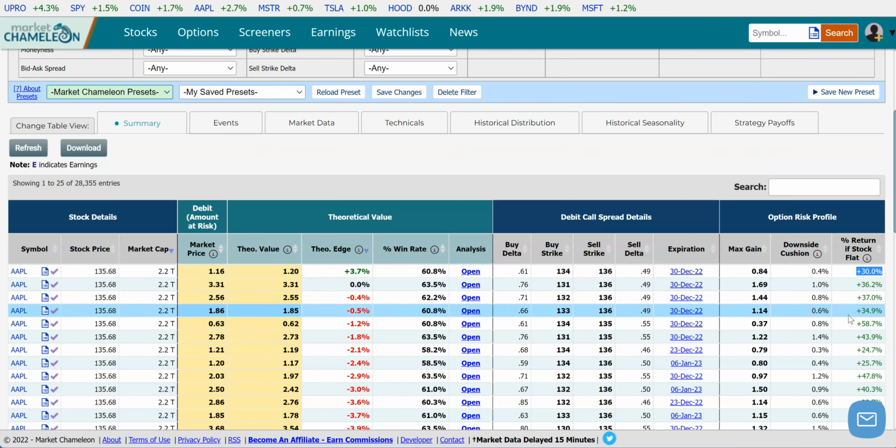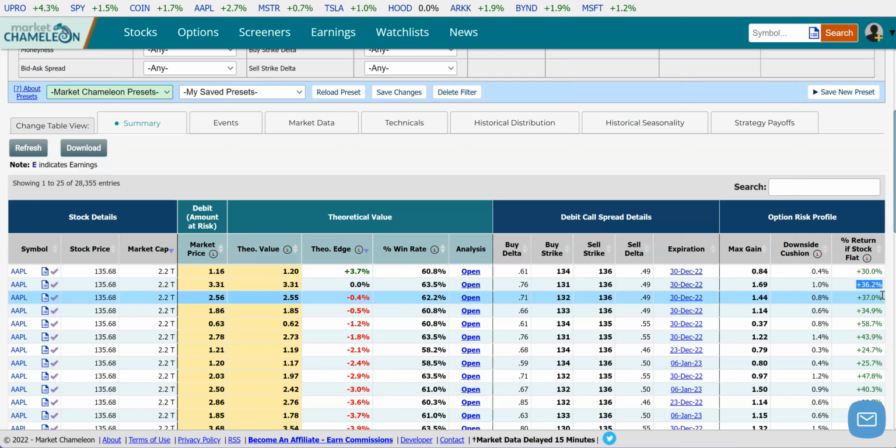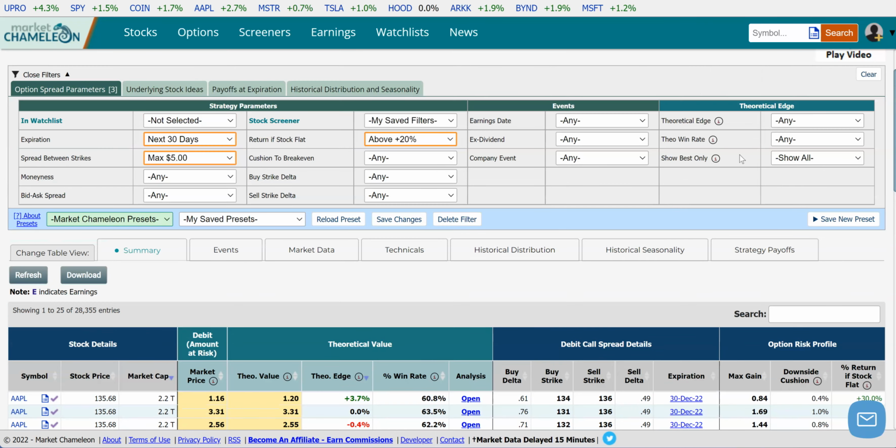Now, of course, here Apple has a bunch of them that would earn over 30%. So let's find, for each stock out there, the best return if the stock is flat, meaning the highest one. I'm going to come up over here and say show best only.